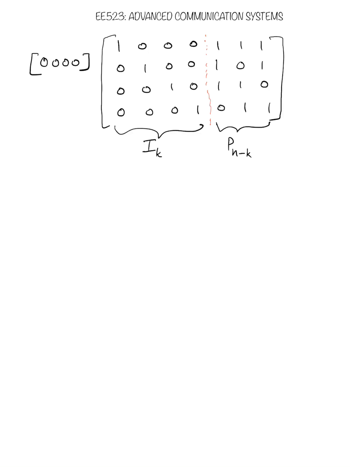Okay, so now we multiply the message with the generator matrix. We multiply the first bit with the first position here. So that's 0 into 1 plus 0 into 0 plus 0 into 0 plus 0 into 0.